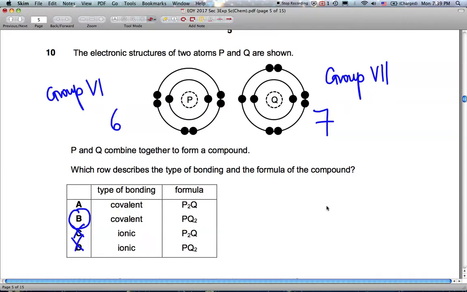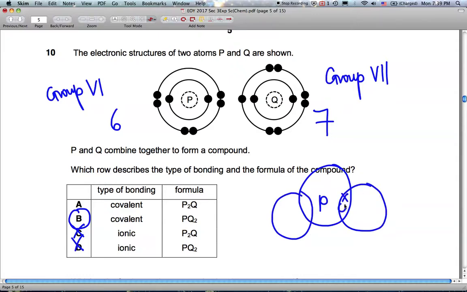What I mean by this is, if I were to draw the electronic structure, just showing the valence electrons, I need 2 electrons to share, so I will use 2 electrons to share with Q. Q has 7, right? The circles are the electrons from Q. So 1, 2, 3, 4, 5, 6, 7.